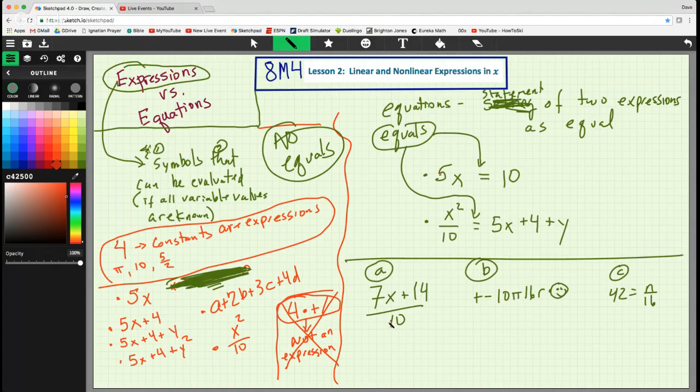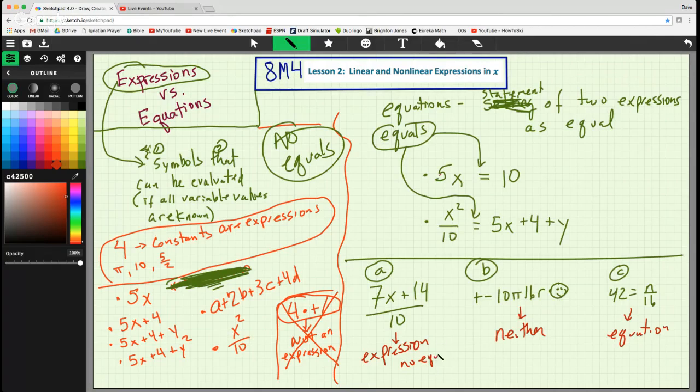So for those of you who said this is... well, pause and try. This is neither. This is an equation. And how do we know? Well, this is an expression, right?